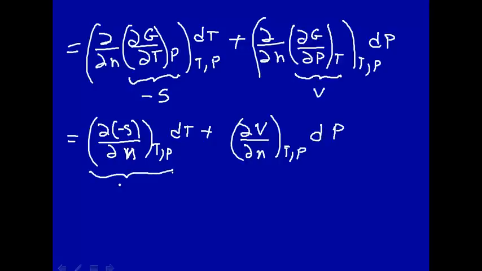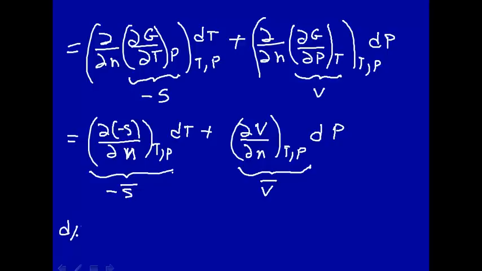This we define, remember, as minus the partial molar entropy. When you take a quantity and take the derivative with respect to number of moles, you get a partial molar quantity, and we'll denote the partial molar quantity with a bar above the quantity. And this you might also recognize as the partial molar volume.